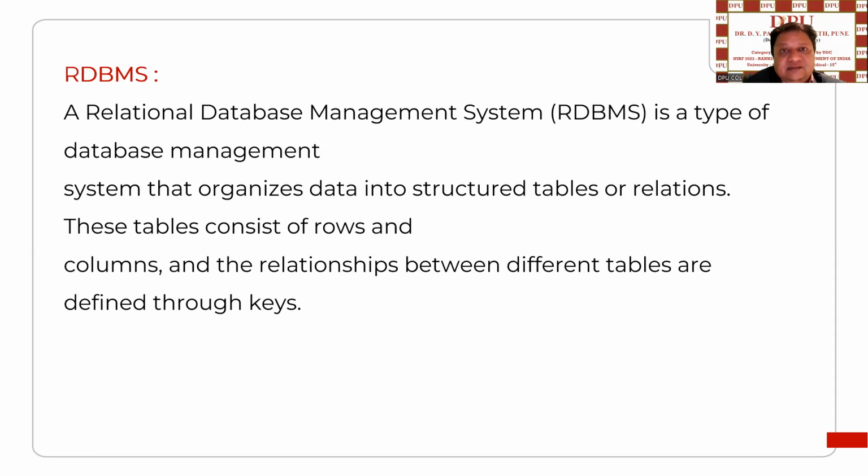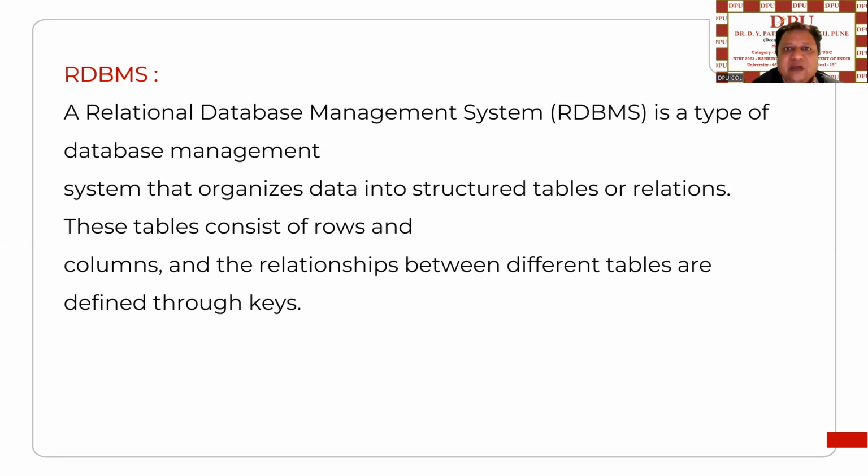All data is stored in an RDBMS in the form of tables or relations. A table consists of rows and columns, and when you collect the data from multiple columns, it becomes a record.